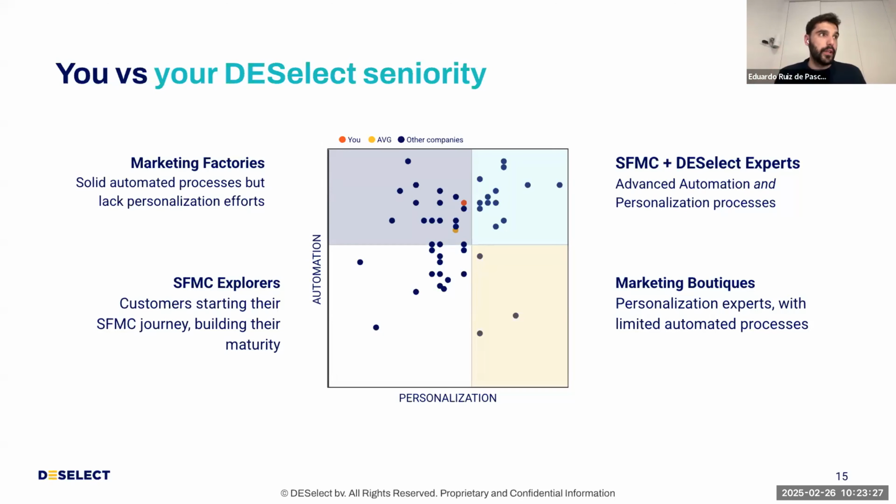So here we compare you versus other customers cross-industry that have the same seniority as you in DESelect, right? Again, there are a lot of efforts here that are cross-industry, like automating your data model, making your data easier to manage for the day-to-day marketeer, or understanding customer behavior. All those are challenges that every industry has. So that's why we think this analysis is normally very interesting as well.